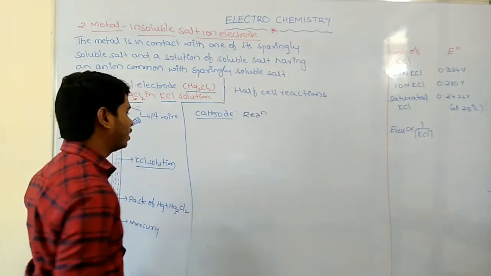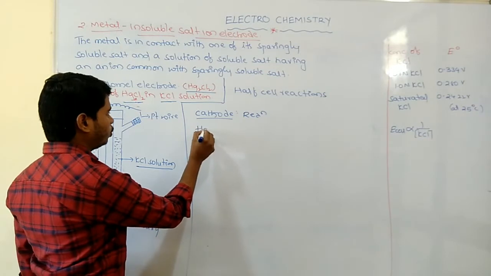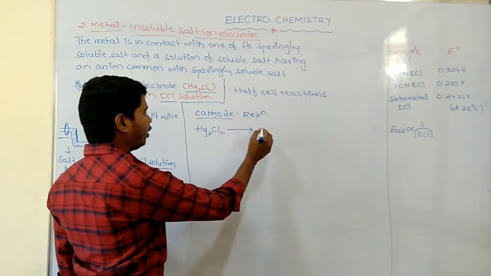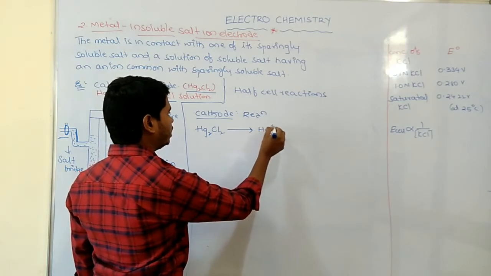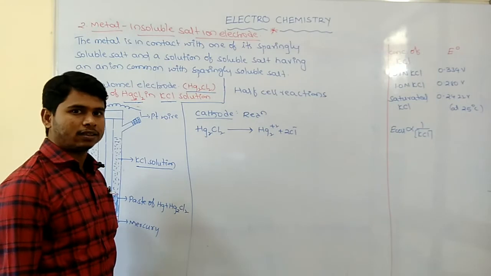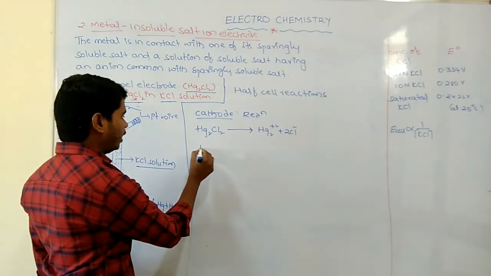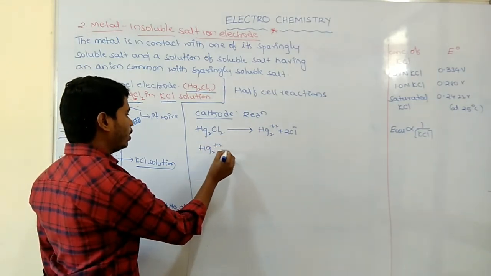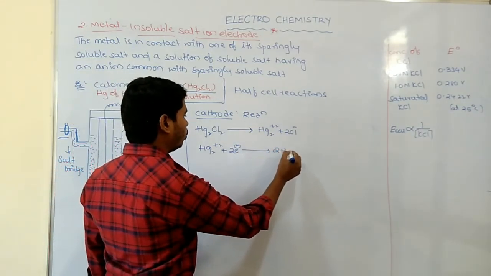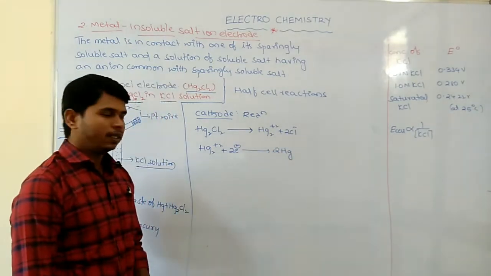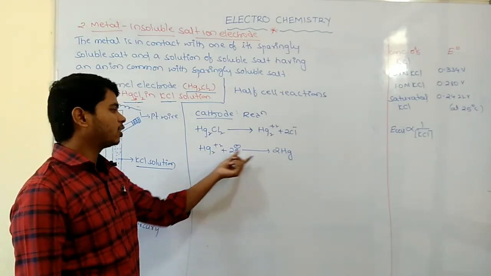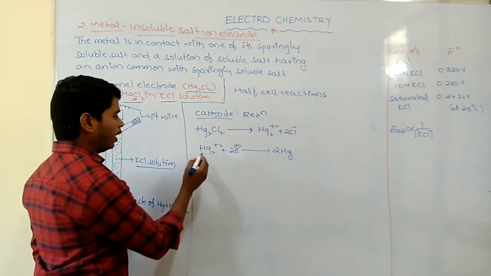In this reduction reaction, the Hg2Cl2, the mercurous chloride, is first divided into Hg2 2+ and 2Cl minus ions. And here Hg2 2+ gains 2 electrons, involved in the reduction, and is converted into 2Hg.